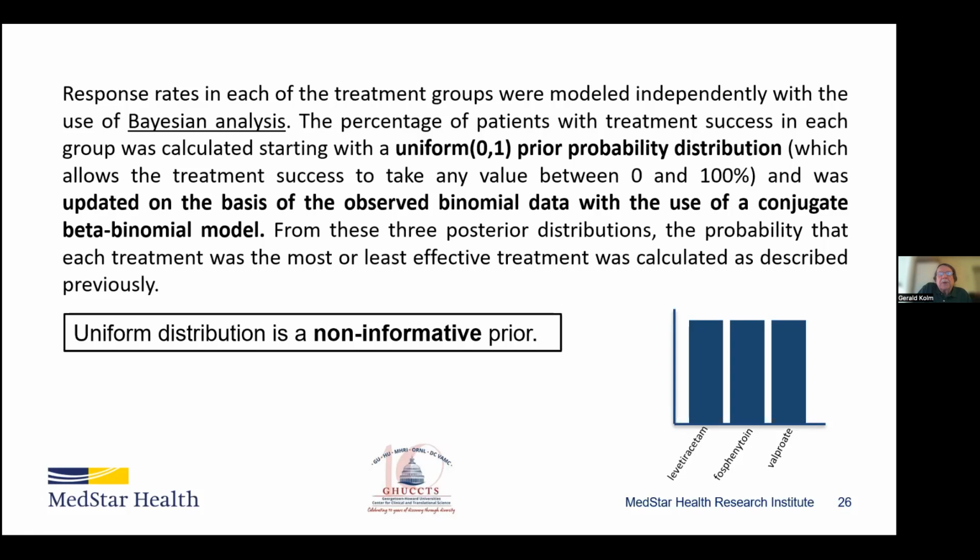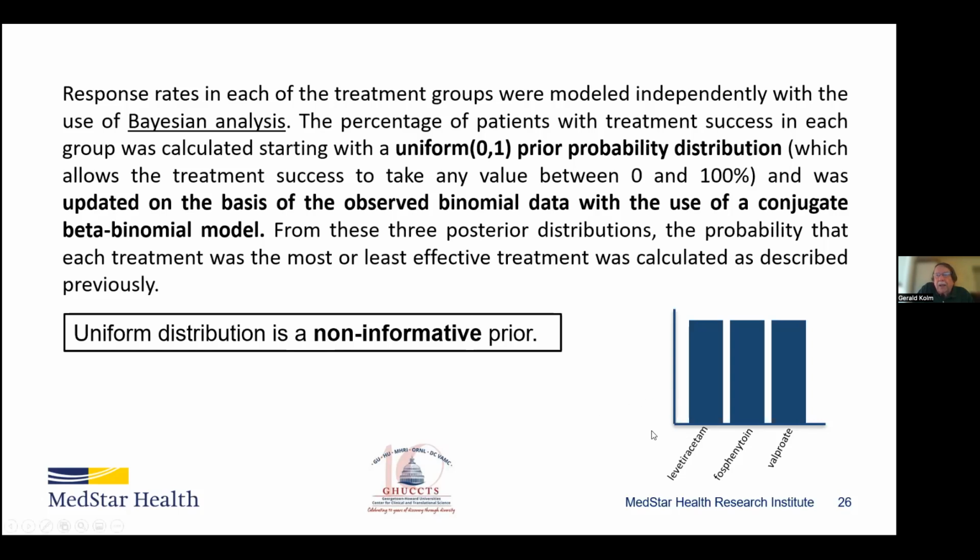And then this was updated on the basis of the observed data, whether they were seizure-free after 60 minutes. And so their uniform distribution here is their prior assumption, and that's referred to in Bayesian analysis as a non-informative prior.